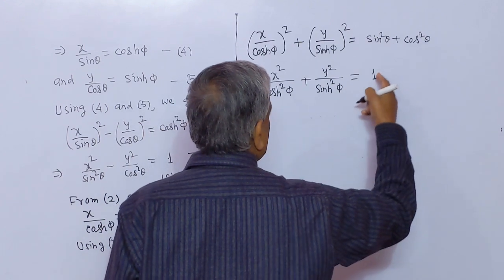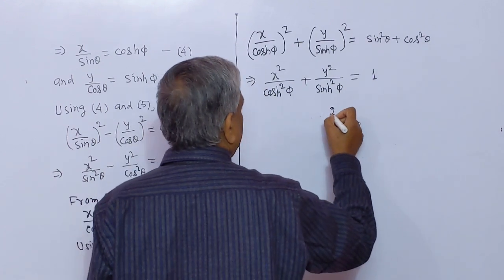Sin squared theta plus cos squared theta is 1. So second part proved.